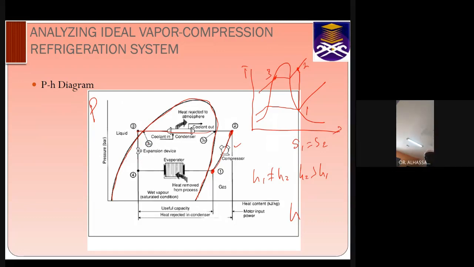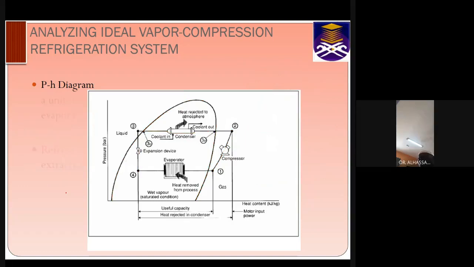The enthalpy between the two phases, H3, is always equal to H4. And this is valid for all throttling processes. You understand me? Meaning the expansion valves.